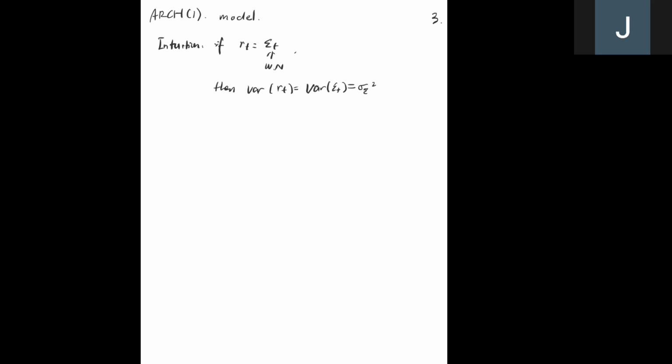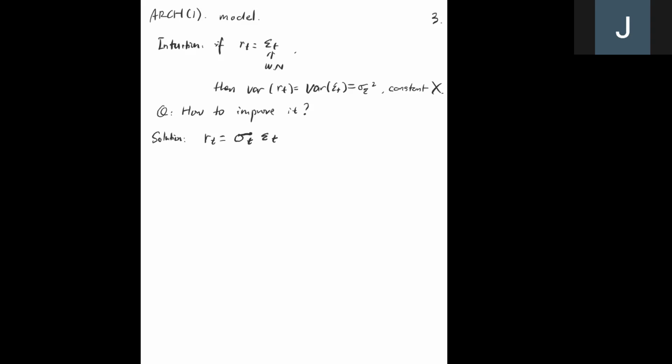So this is constant. This is not the thing we want. The question is how to improve it. The idea is actually very simple: we add some variance in front of this white noise. So the solution: let's add another term called sigma t in front of this epsilon t.